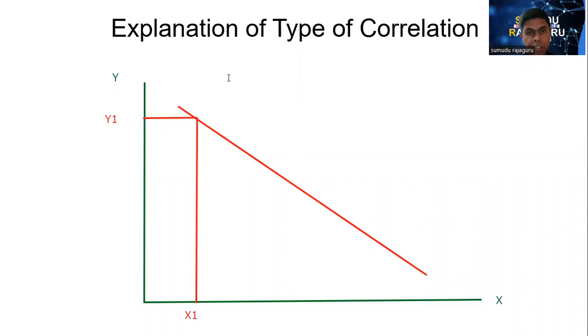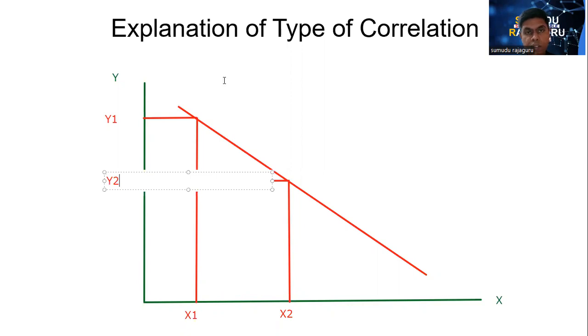We'll take another point. I'm taking a point here. Then I project to the x-axis. The particular value we assume is x2. Then related to that intersection point, when we project onto y, the particular y value is y2.